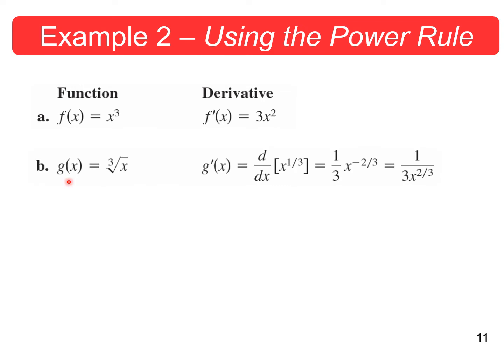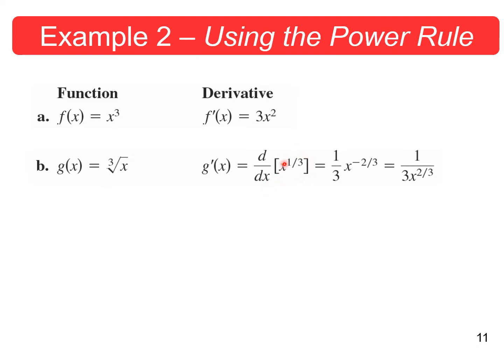Next, if you're given g of x equal to cube root of x, you can still use the power rule here by first rewriting this expression as x to the 1/3. So cube root of x is also equal to x to the 1/3. And then from there, you differentiate that expression. Differentiating x to the 1/3 with respect to x, you can use the power rule.